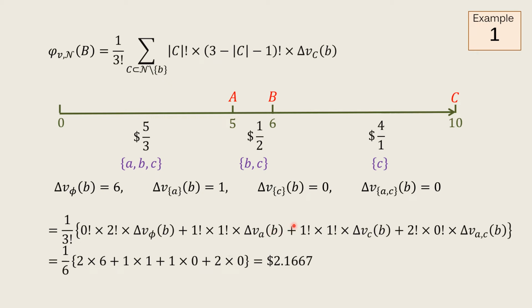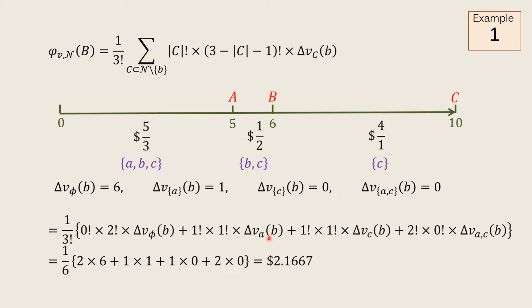The second term here is this coalition, a, and the marginal contribution of b to a is 1. This is the coalition containing a alone, that's equal to 1 factorial, and this is 3 minus 1 minus 1, that's again 1 factorial.